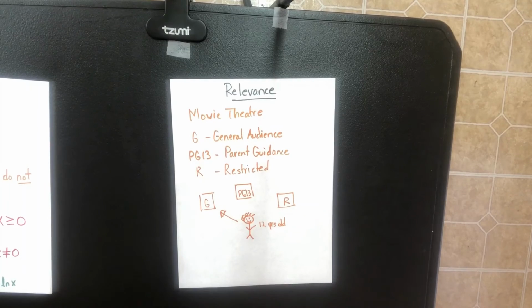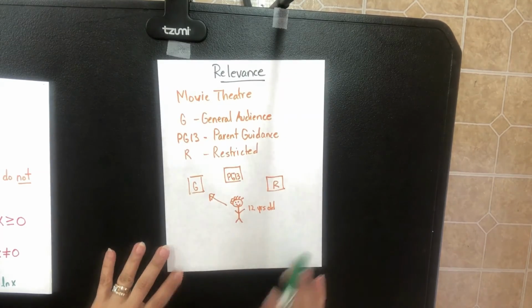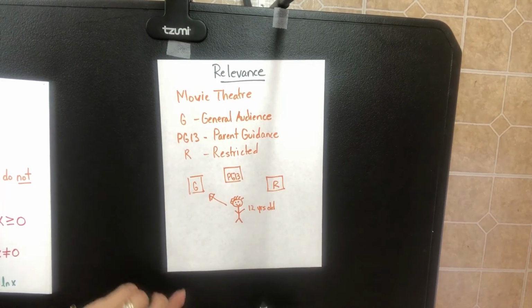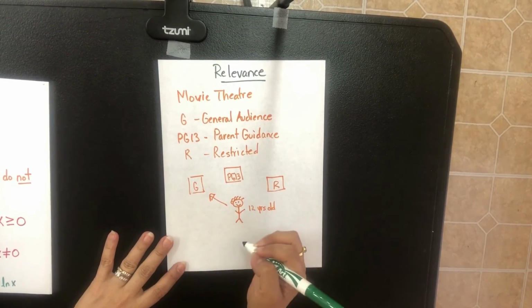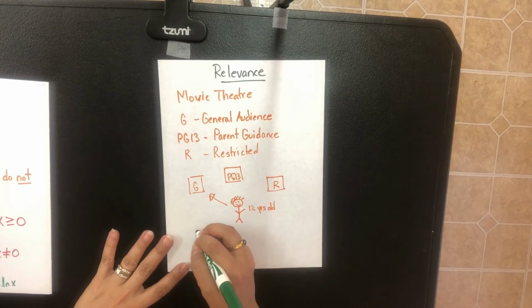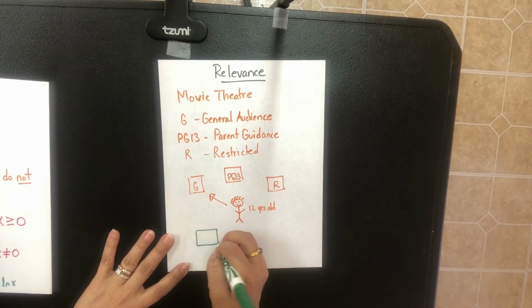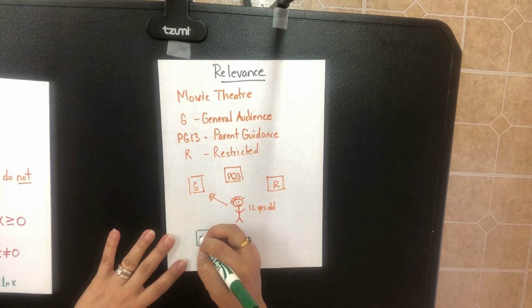So one of the things you might want to think about when you're trying to understand domain is, just like in a movie theater, there are 3 issues when it comes to domain that you need to consider. Well, one of them is radical functions, so things with the square root.